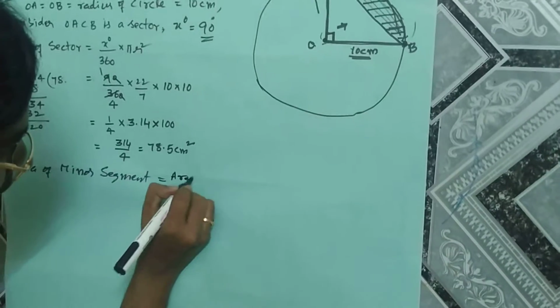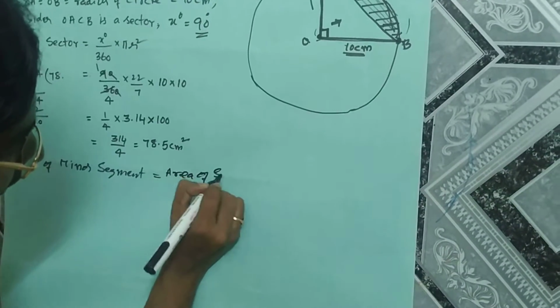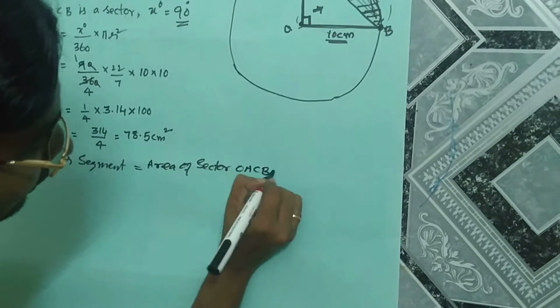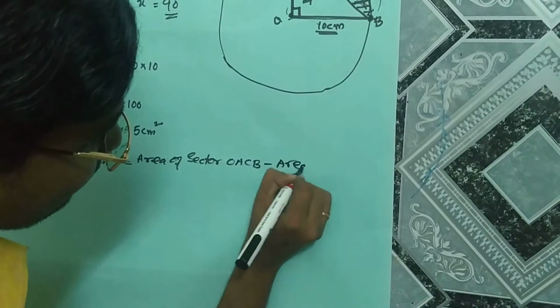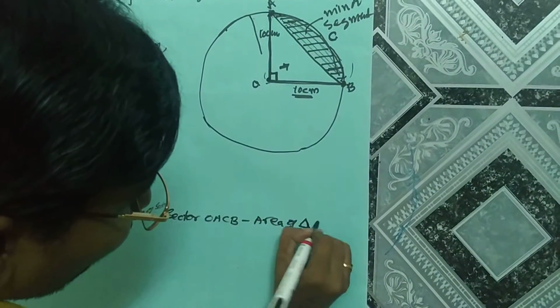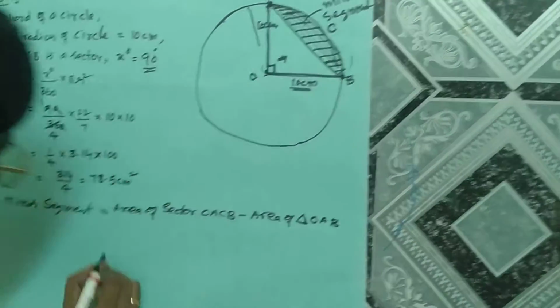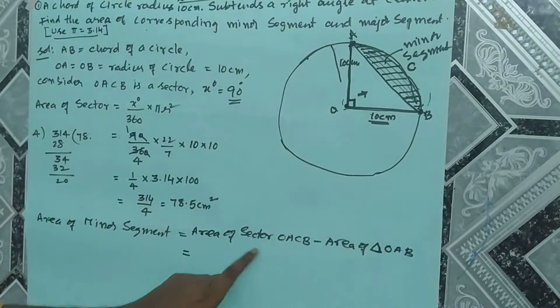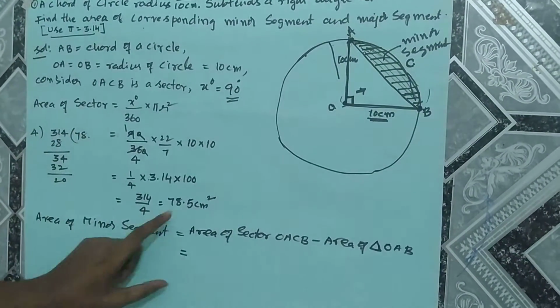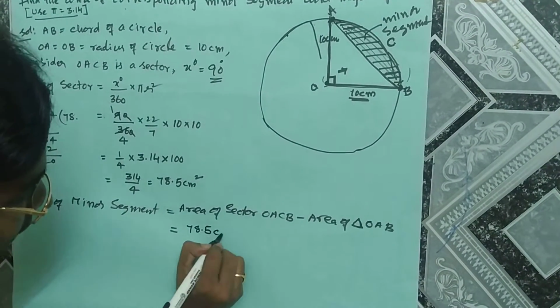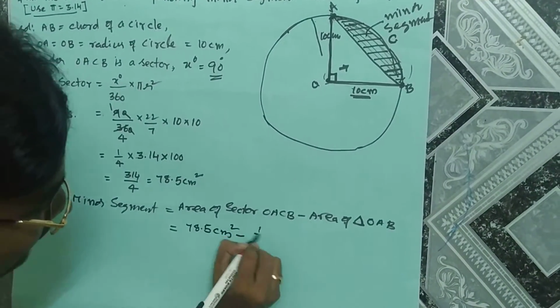The area of sector OACB is 78.5 centimeter square, minus the area of the triangle.